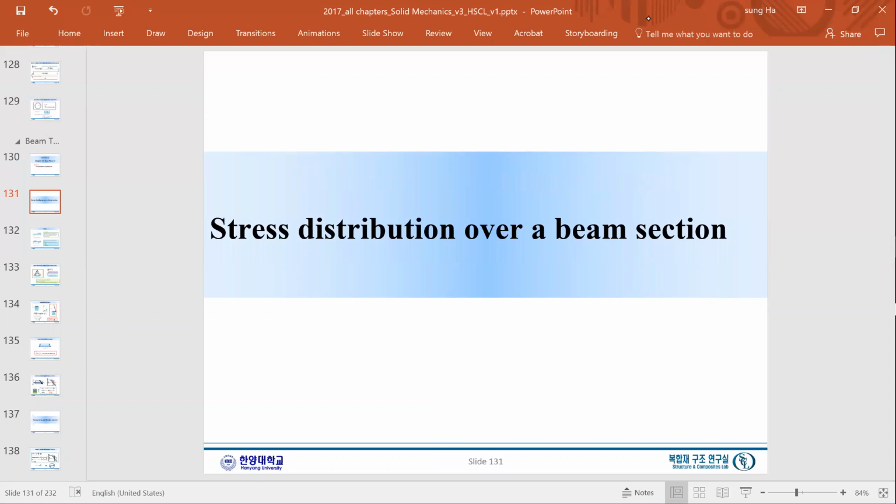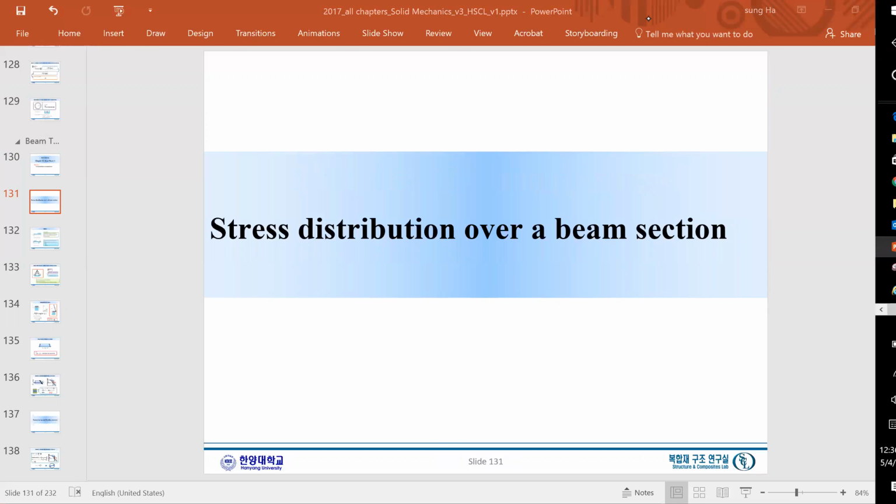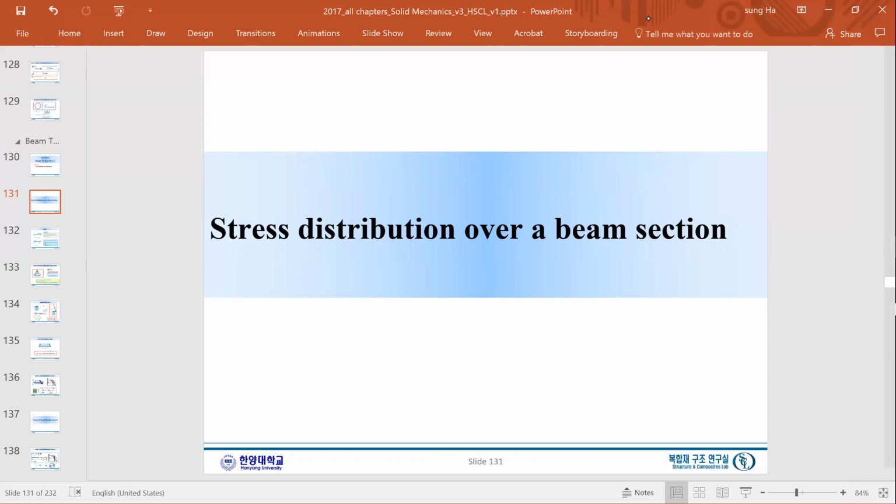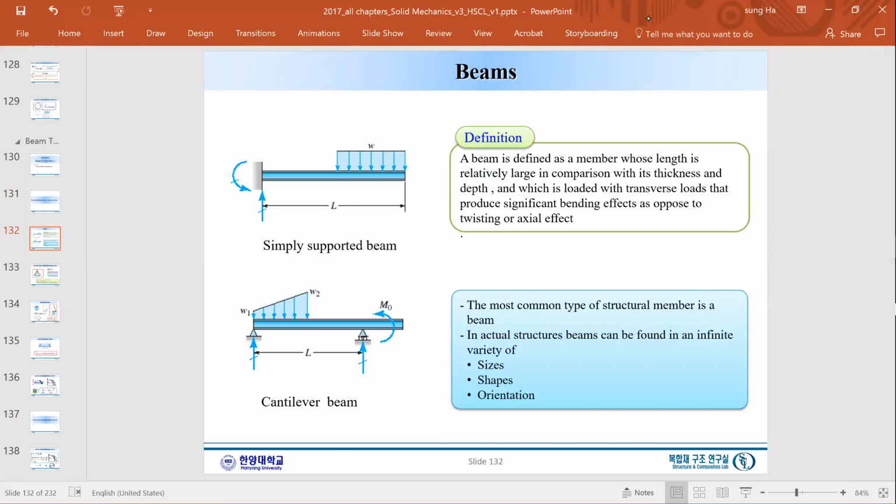And as I have emphasized many times, in solid mechanics, the beam theory is the most important theory. One of the reasons why the beam theory is so important is that the beam is very widely used in real structures.